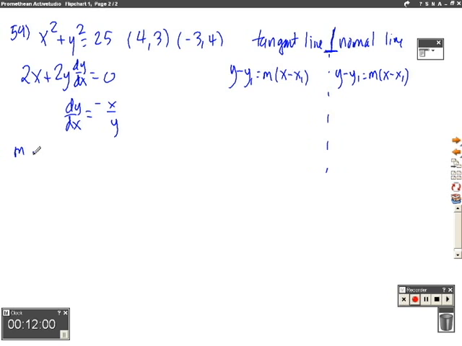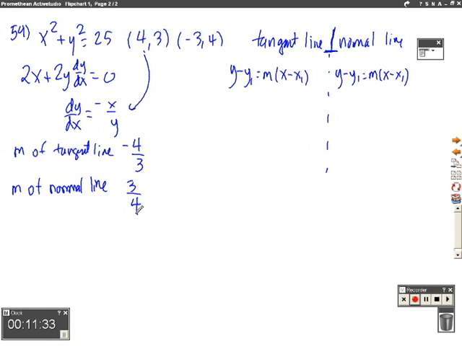Now I'm only going to do this with the point (4, 3), so the slope of the tangent line, when I substitute 4 for x and 3 for y, would be negative 4/3. And then the slope of the normal line would be the opposite reciprocal of that, which would be positive 3/4.